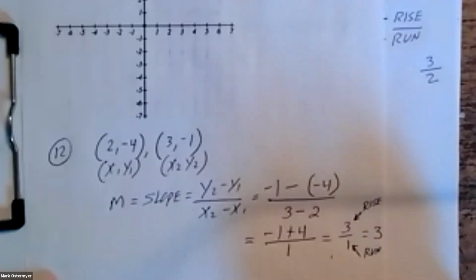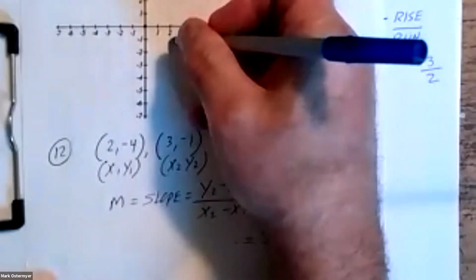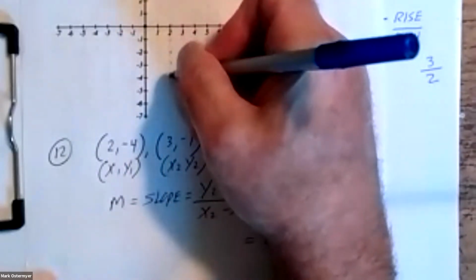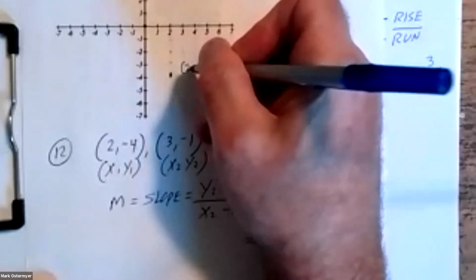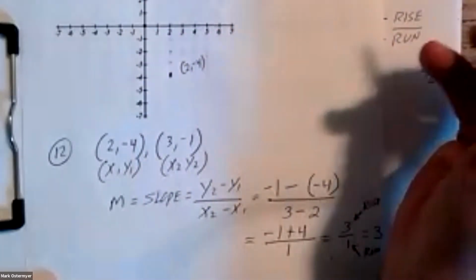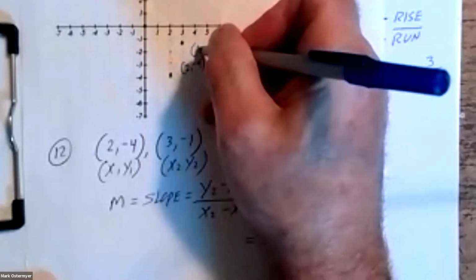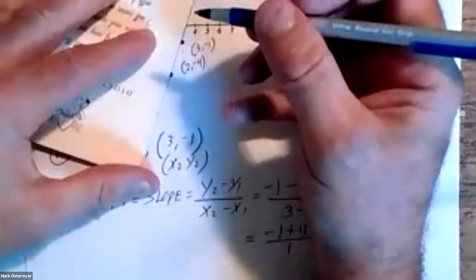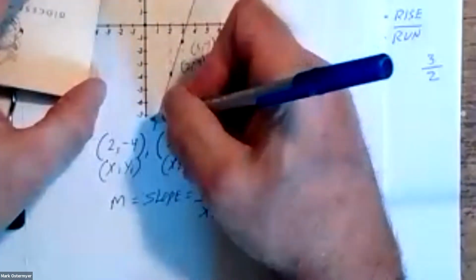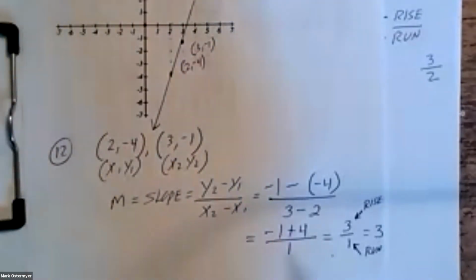All right, so if we plotted these points, (2, -4): 2 to the right, and then down 4. There's (2, -4). And plotting the point (3, -1): 3 to the right, down 1. There's (3, -1). Put a line through these points and you have the graph of that linear equation that has a slope of 3 over 1.